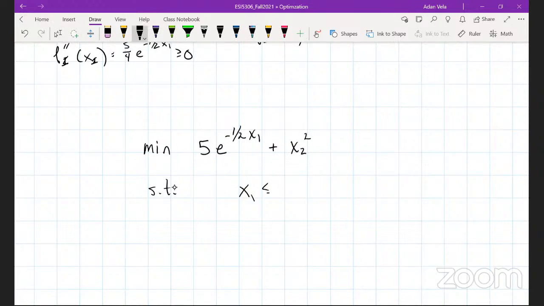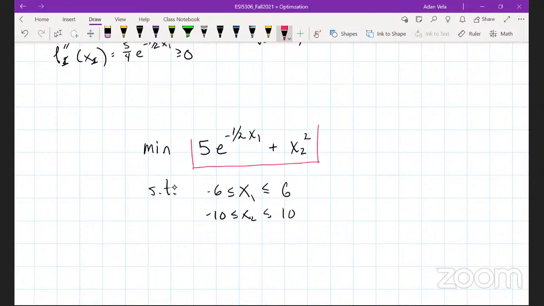So we're going to say x1 is between 6 and negative 6, and x2 is between 10 and negative 10. Now these are arbitrary bounds, but we're picking them nonetheless. But our goal here is to understand how we can linearize the objective function.